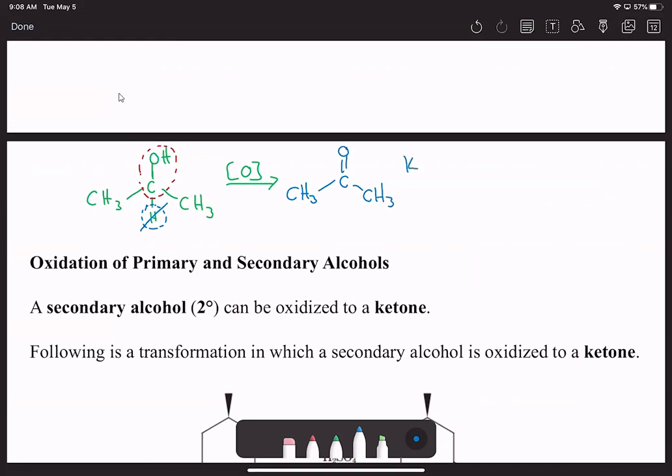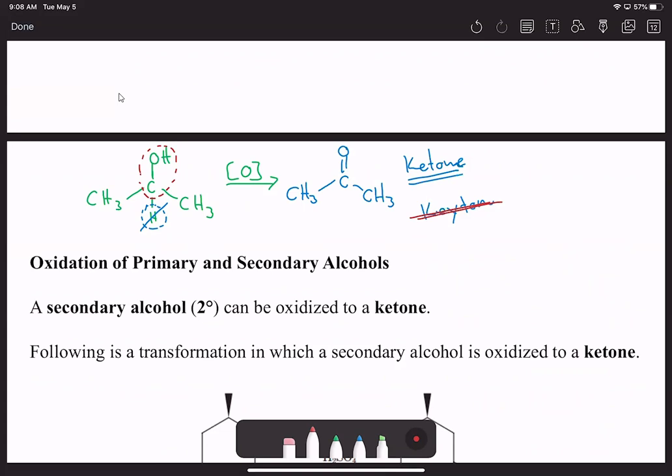And this is what we call a ketone. Make sure that we write it right. It's a ketone, not a car key tone. But again, here a much different result than a primary alcohol.